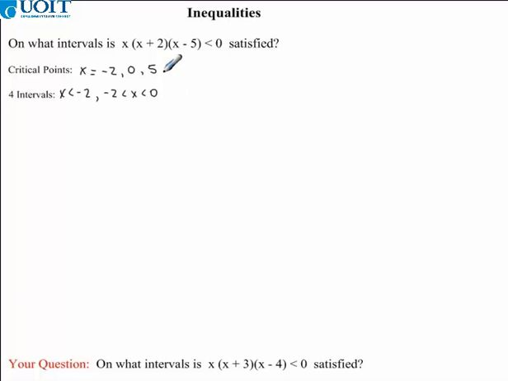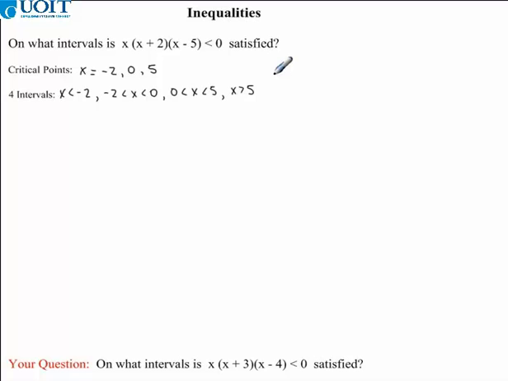Our third interval will be between our second critical point and third critical point: 0 less than x less than 5. And lastly, our fourth interval will be anything greater than our third critical point, x greater than 5.